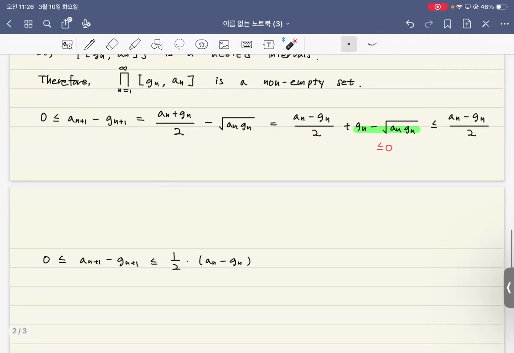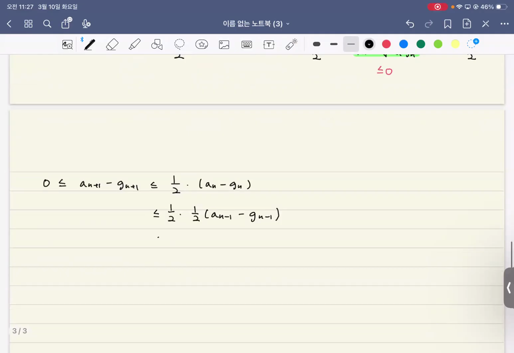This factor of 1 over 2 just carries over, but I want to apply the same argument to An minus Gn. If we apply the same trick to this parenthesis, then I would get 1 over 2 carried over times another 1 over 2, but this time the index decreases by 1. And proceeding like this, I will end up with A1 minus G1.